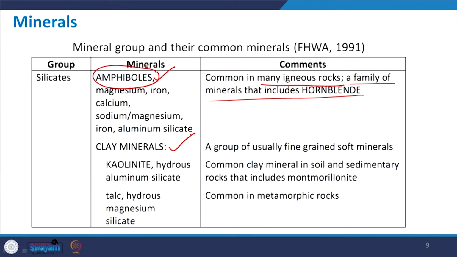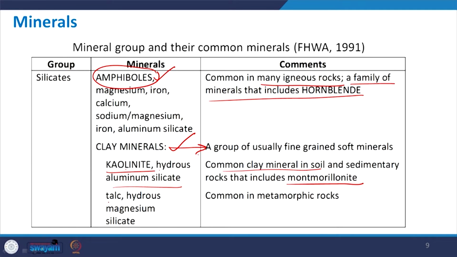These are clay minerals. The first one is kaolinite, which is hydrous aluminum silicate. When we talk about clay minerals, it is a group of usually fine grained soft minerals. Kaolinite is the common clay mineral in soil and sedimentary rocks, which include montmorillonite.